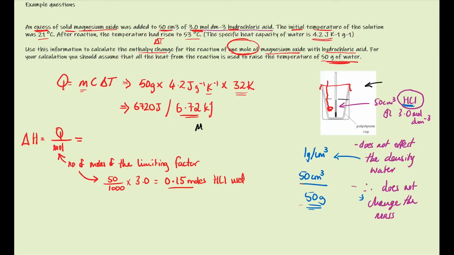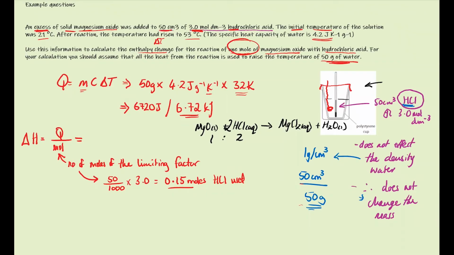Magnesium oxide solid plus HCl aqueous gives us magnesium chloride aqueous, plus water liquid. This needs to be balanced, and that means I need 2 HCl for every 1 magnesium oxide, which means that this is a 2-to-1 ratio.